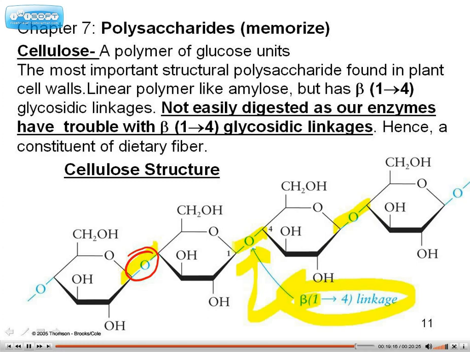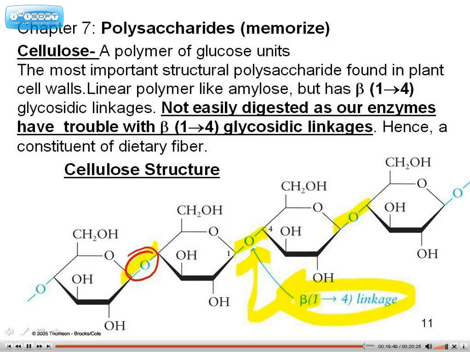Consequently, whenever we eat cellulose, such as grass, it goes right through us because we don't have the enzymes to break down cellulose. There are animals that can. Basically, anything that eats grass has the enzymes to break down cellulose, which makes up the cell walls of grass. Cows, for example, have the enzymes for breaking it down.